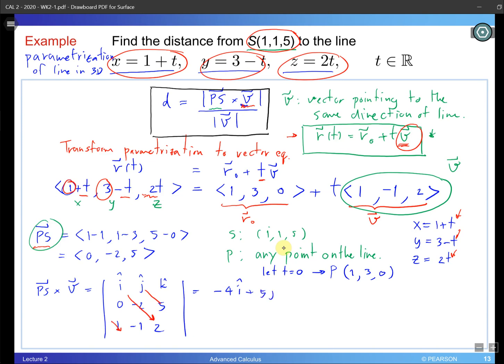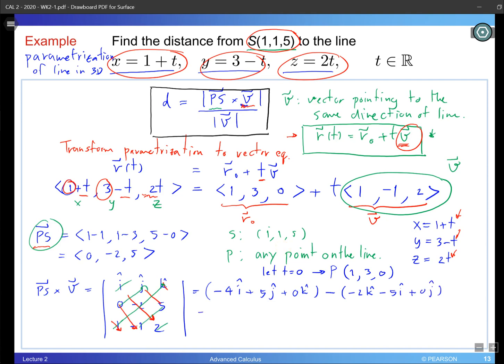Cross again, I get 0 minus 0, so 0k. Now I need to cross up and put a minus sign in front. Cross up, 1 minus 2k, so I get minus 2k. Cross up, minus 1, 5, and I get minus 5i. And the last term is going to be equal to 0j.